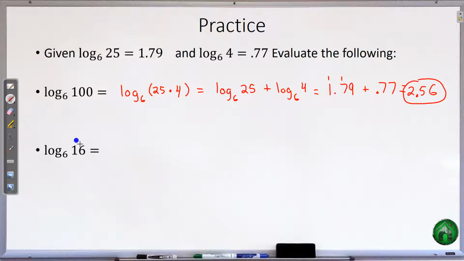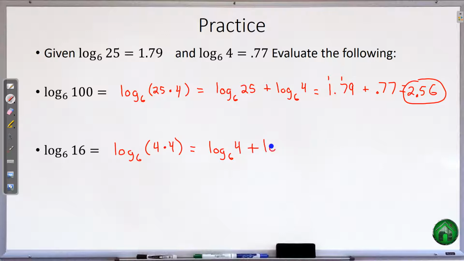All right, I'm going to do the same thing with this one. I've got the 16, which I don't know anything about, so I have to turn the 16 into some numbers that I do know something about. I'm going to break up this 16 into a 4 times a 4. I can now take this log and break it up into two logs that are now adding.